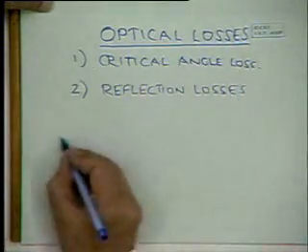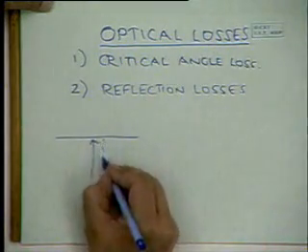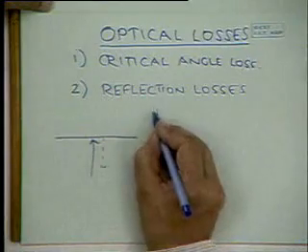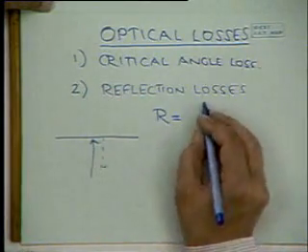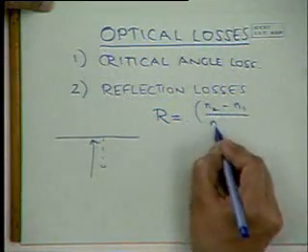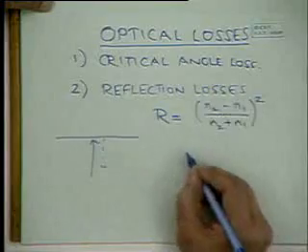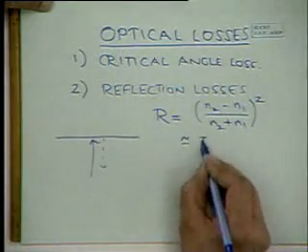Even at normal incidence, the reflection coefficient is given by N2 minus N1 over N2 plus N1. And we've seen this from the point of view of photodetectors, that this can be quite large. It can be 30%.